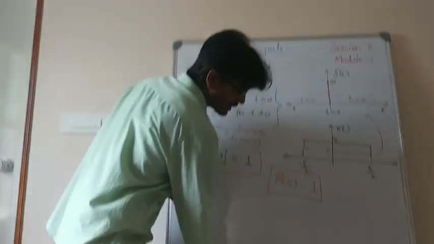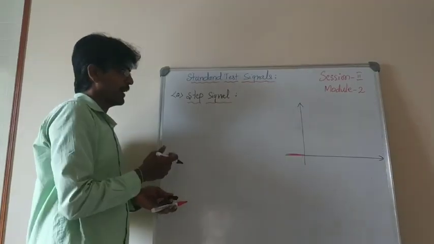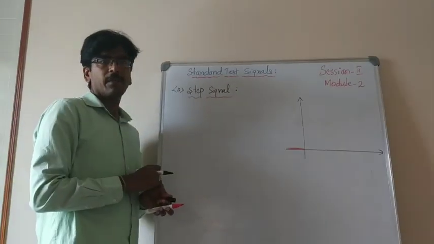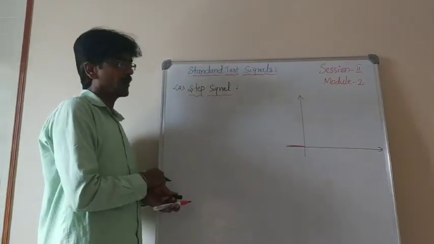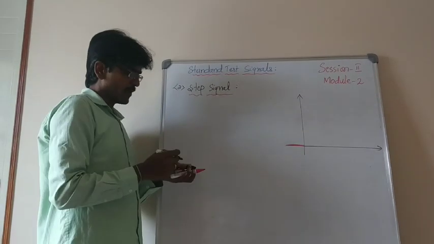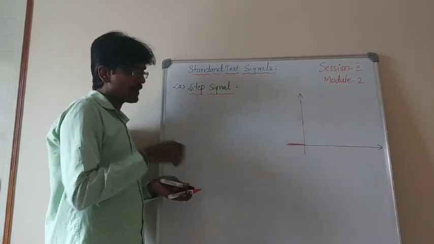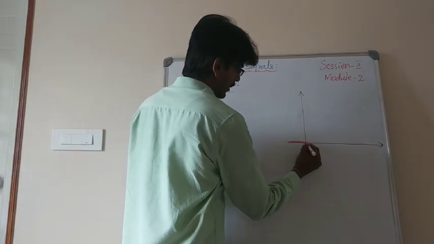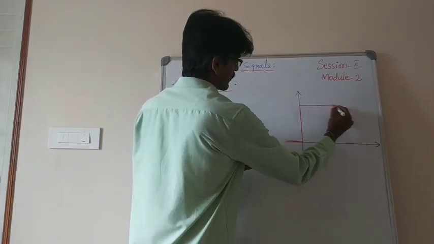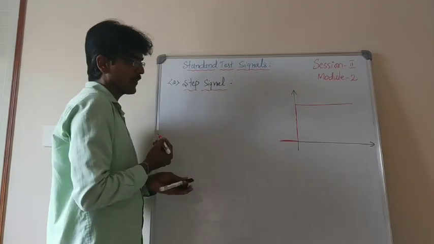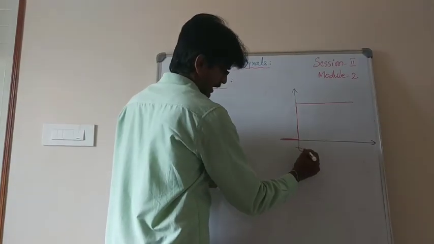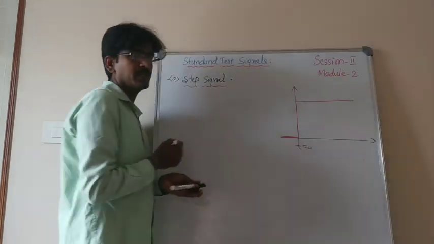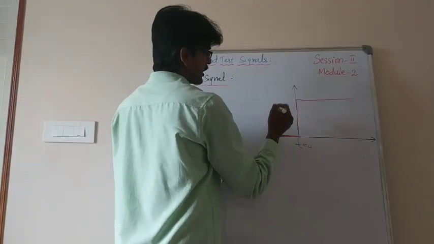Now let us discuss the remaining signals. A step signal is a signal whose amplitude, level or value changes from one level to the other level in 0 time. That means at t equal to 0, its value changes from one level to the other level.